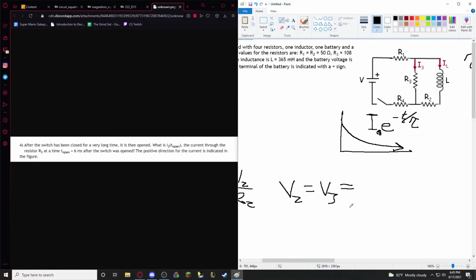Let's see. What's Kirchhoff's loop law? That's what I'm trying to remember. Trying to find a parallel one. That's parallel.